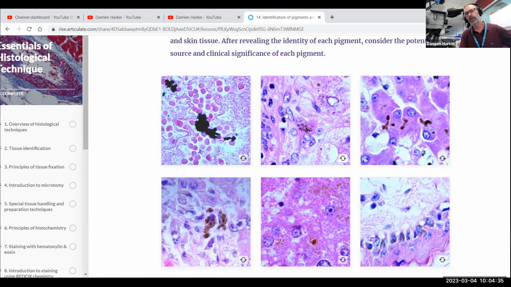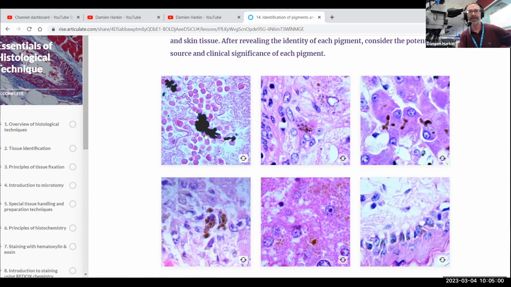And the remainder, usually protein, whether it's collagen or red blood cells, muscle, etc., will usually be stained up with the eosin. But we see in each of these examples, perhaps less so over here in the skin, there's color other than red or pink and blue. So these are examples of pigments.